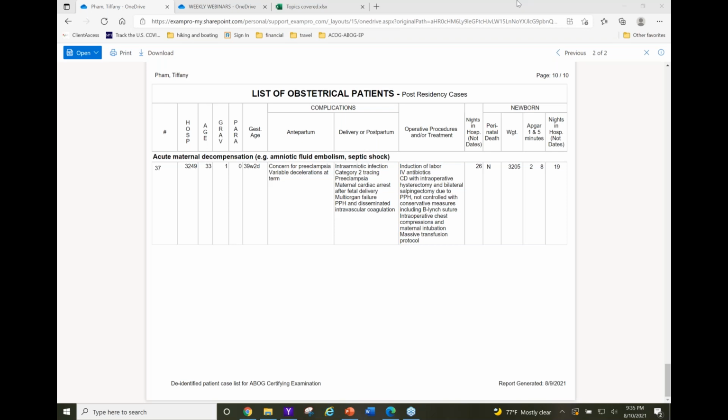Now, I'm just looking at this case. I'm trying to see what else in this case. So it looks like the bleeding was not controlled with conservative measures, including B-Lynch suture. What else did you do besides the B-Lynch suture? So in terms of medications, she got Pitocin, Hemabate, Methergine.